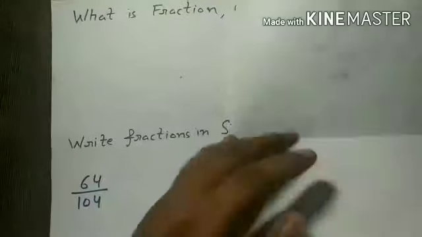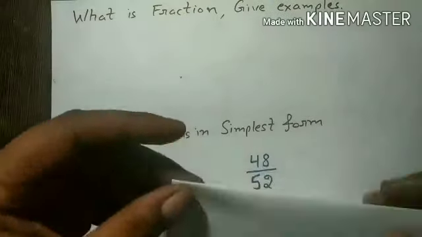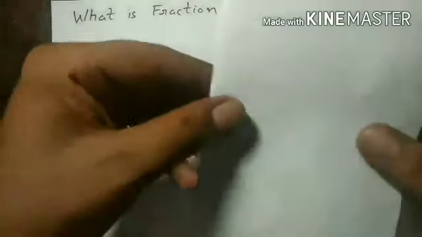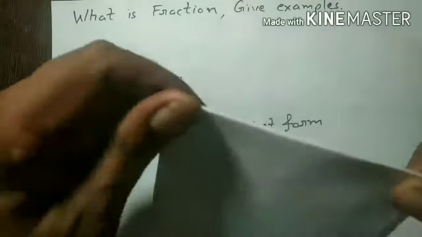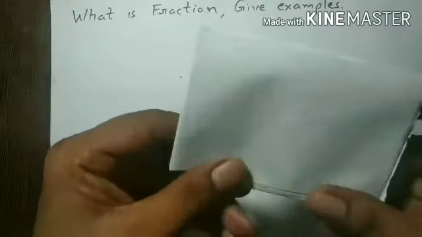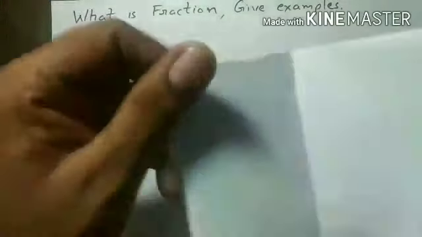So let us proceed further. If I fold it once more, then let us see how many parts we can observe, and all the parts are same or not. Let us see.